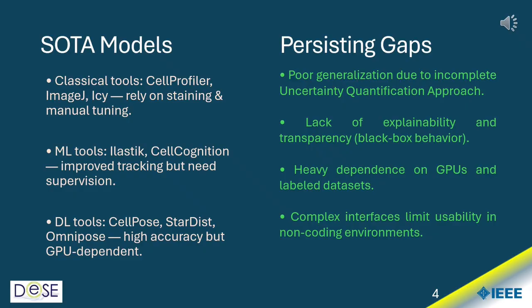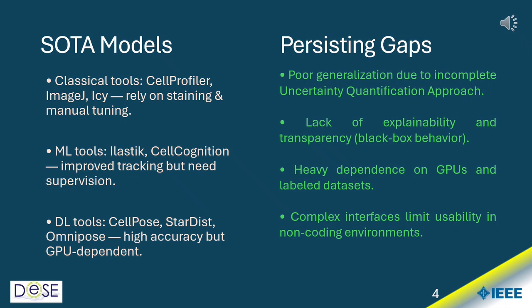Existing state-of-the-art models have several limitations. Moreover, all these tools fail to handle the noisy, low-contrast, bright-field microscopy images of live cells, and none of the tools generates the automated report.